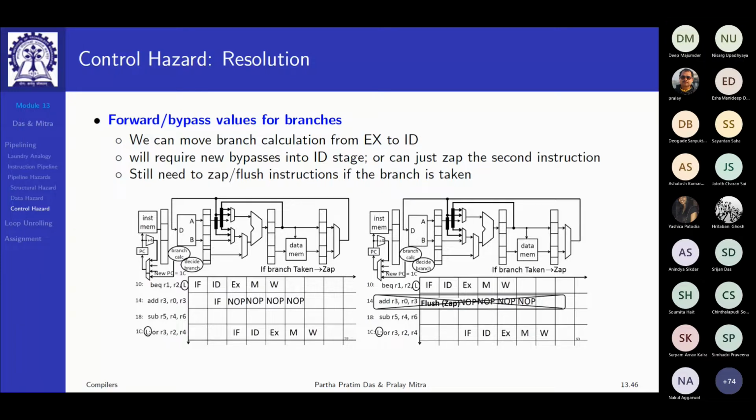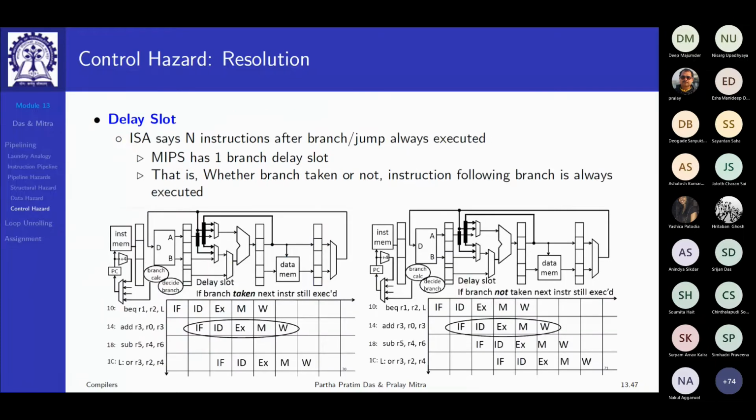So you can see that if the branch is taken, then again add will have to be flushed, but it needs less flushing to be done. So that is the advantage you get by forwarding this. So naturally stalling and flushing is the first option. You can minimize that using forwarding.